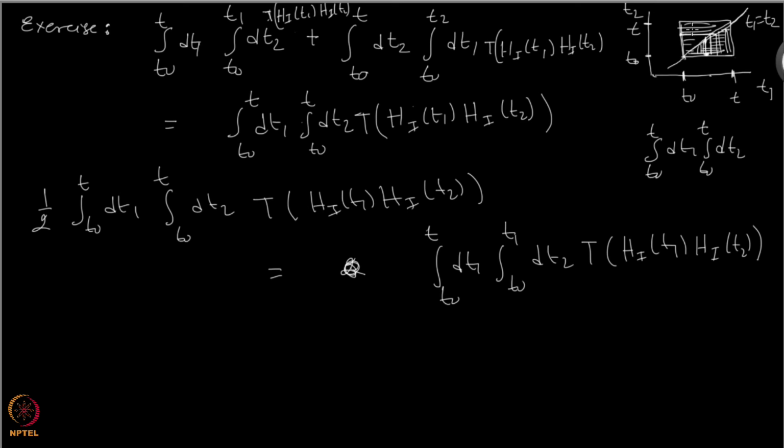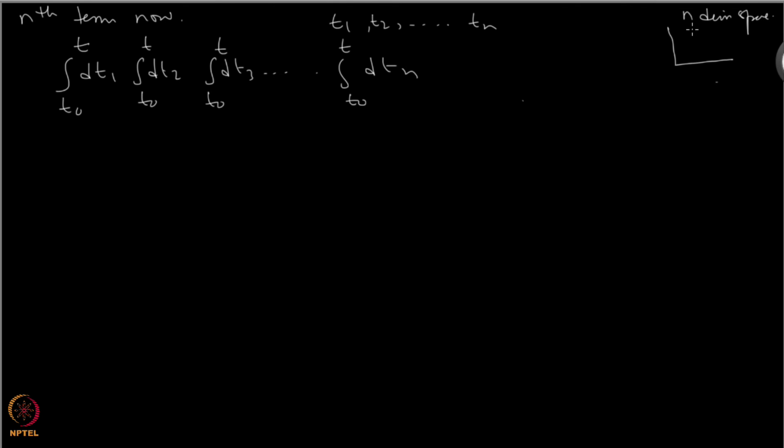So the same thing we will do. We will divide this entire n-dimensional cube into distinct volume elements without any overlap using the same criteria.